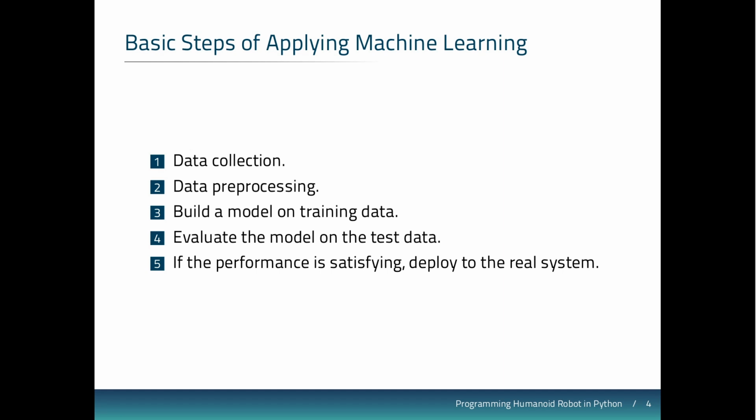After collecting the raw data, we have to pre-process it, including one step usually called labeling. As a supervised learning approach, we have to label the data.